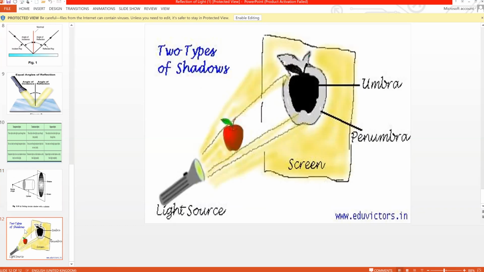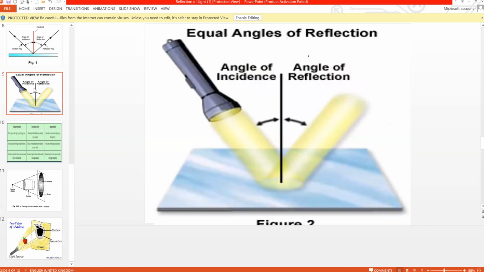Okay, so this is one concept. Next, you have to understand about angles of reflection. I have taken a torch, and I am shining the light from the torch onto the ground, or any screen you can take.